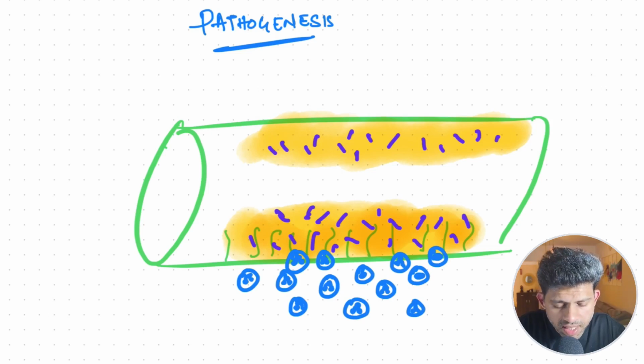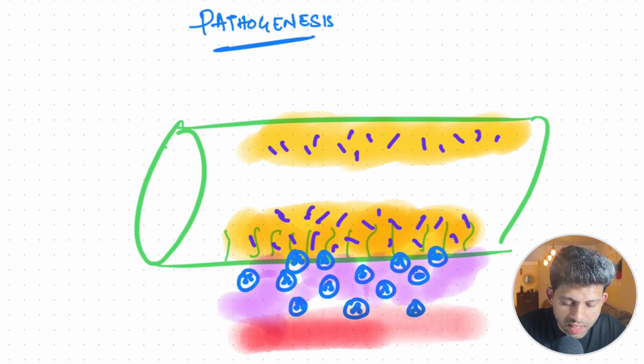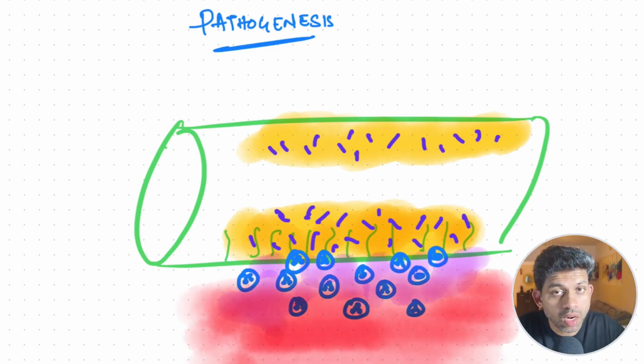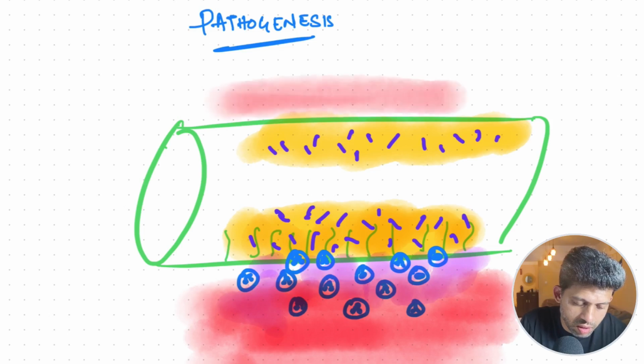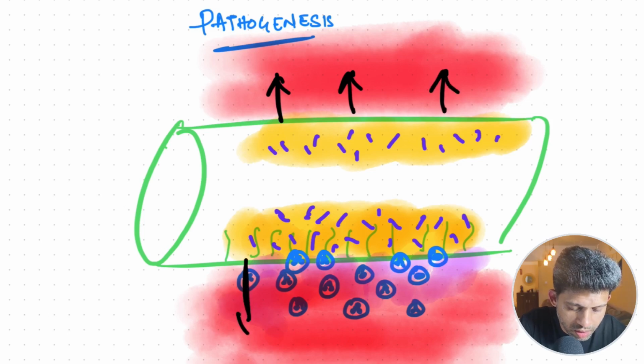These inflammatory cells and the enzymes released by them lead to tissue destruction. Thus, the smooth muscle cells and the elastic tissue which supports the bronchi and bronchioles are lost. This loss of support leads to the dilation of bronchi and bronchioles.